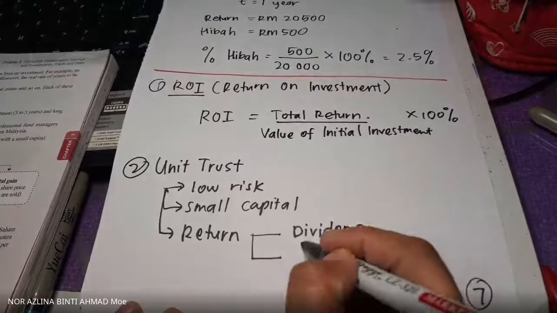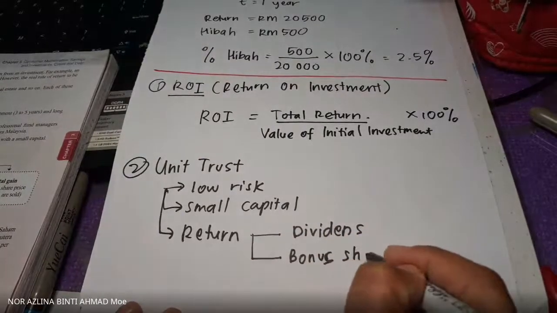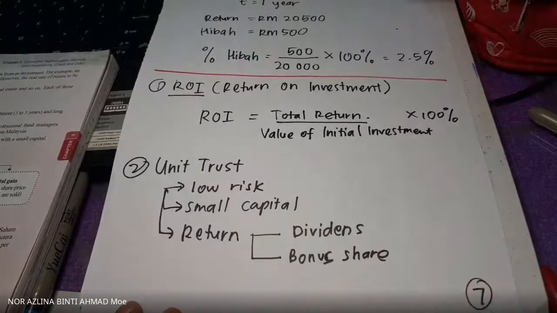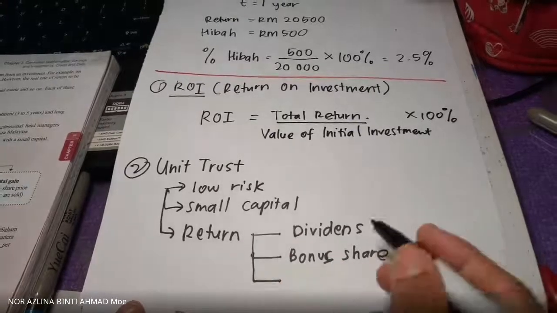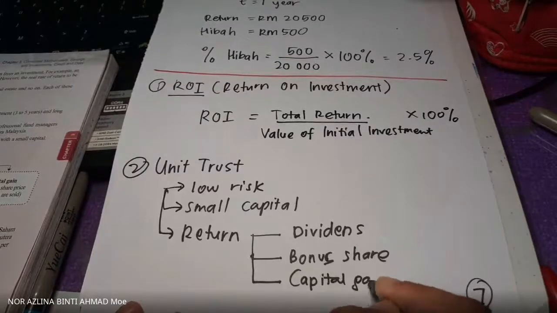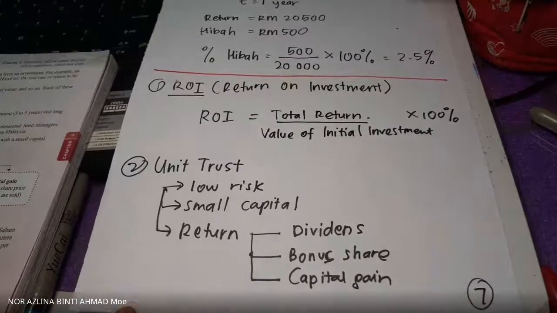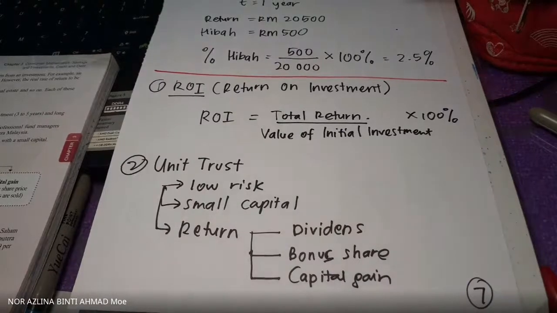Next, bonus share are additional shares that are given free to existing shareholders. And last one, capital gain. Capital gain is increase in share price when shares are sold.